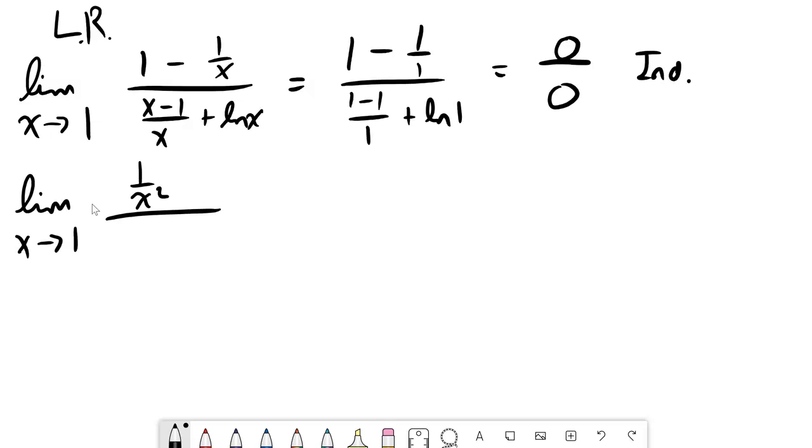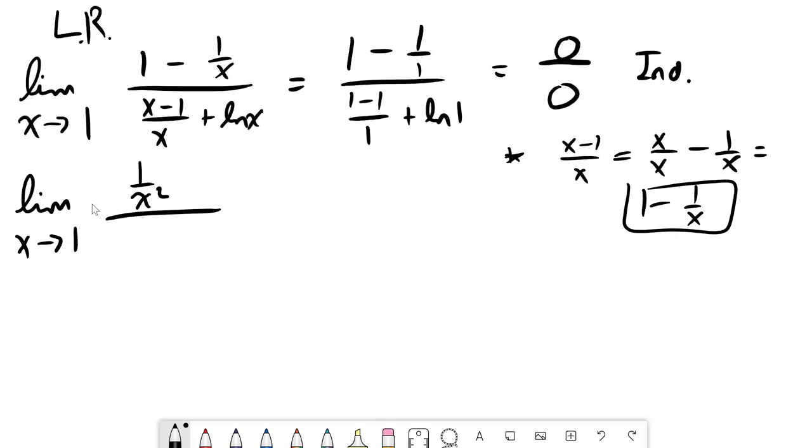I kind of don't want to use the quotient rule, so here's some side work really quickly. x minus 1 over x is equal to x divided by x minus 1 over x, or it's just equal to simply 1 minus 1 over x. So we want to find the derivative of this instead. I don't want to use the quotient rule again, so the derivative of this is actually 1 over x squared, plus 1 over x.